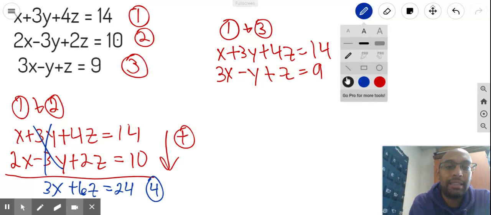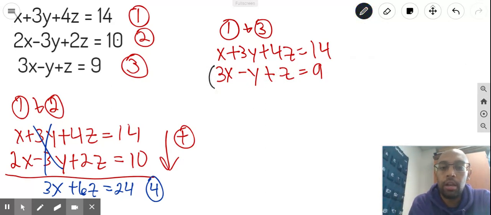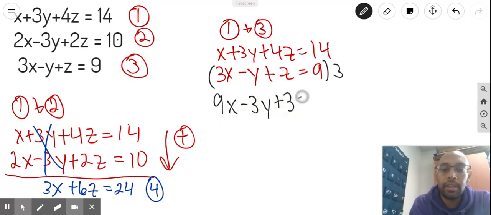I just need to take the second equation here and multiply it by 3, because once I do, the y will become negative 3y, and I'll be able to eliminate the y.